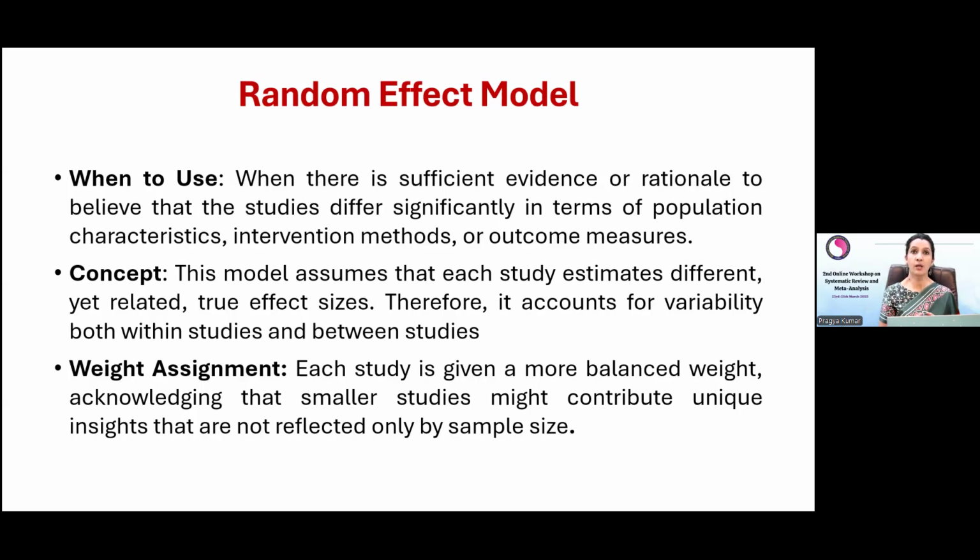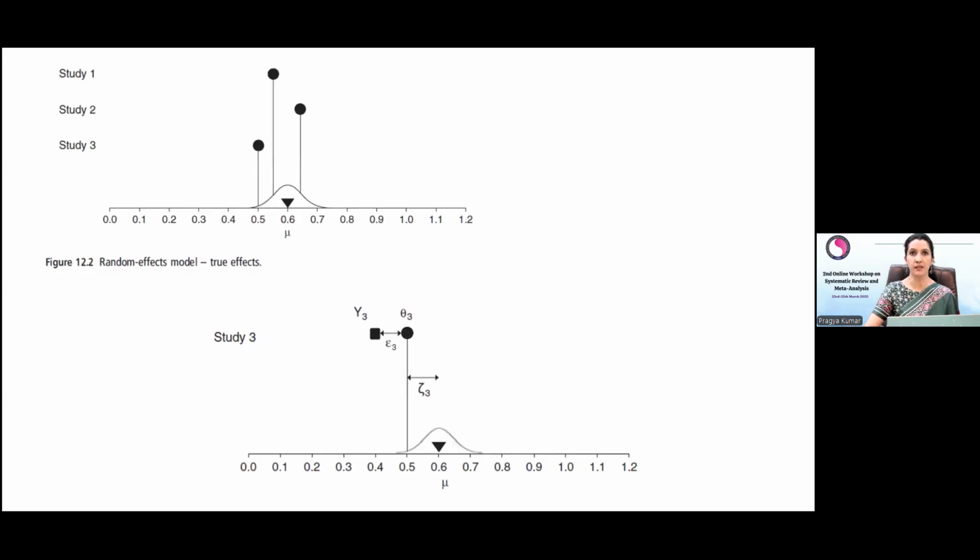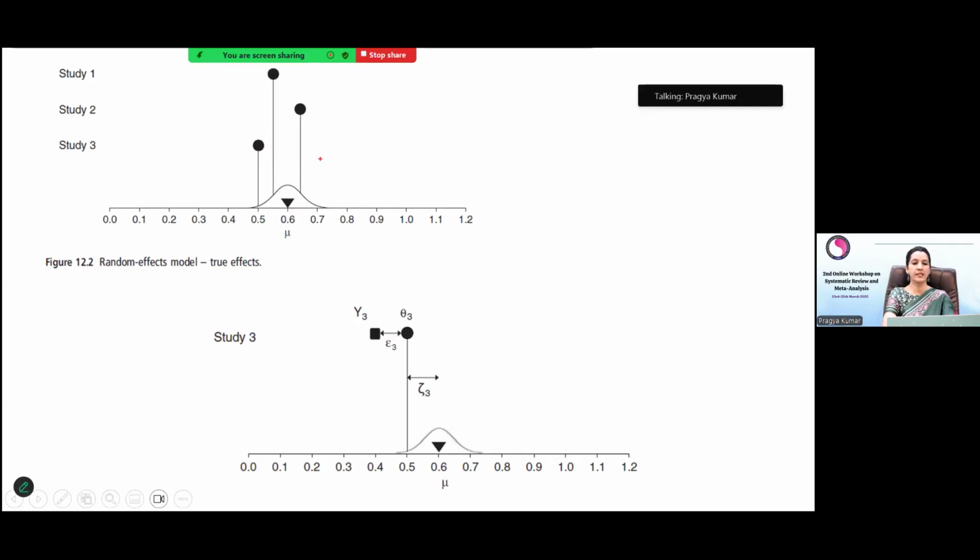So whenever you assign weight, it is not only on the basis of sample size; there are many other factors interplaying in giving weight to a particular study. This was the example given by Borenstein; here in the upper one you can appreciate the difference from the fixed effect.